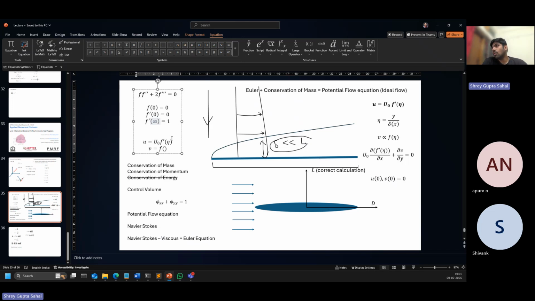Now you asked me what the shooting methods are. You know how to solve an initial value problem, right? Shooting methods come in the context of ordinary differential equations.